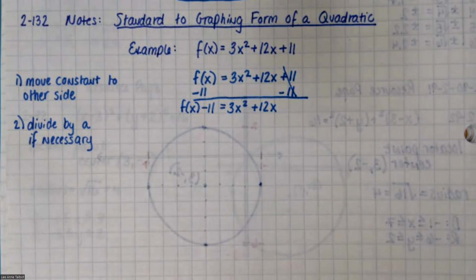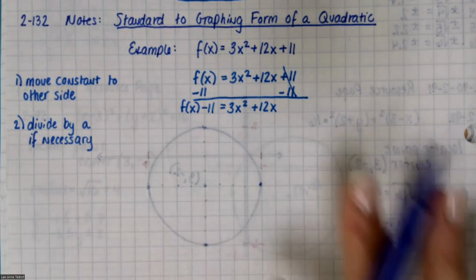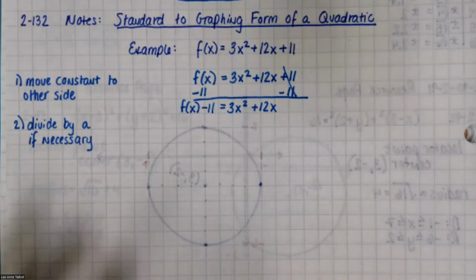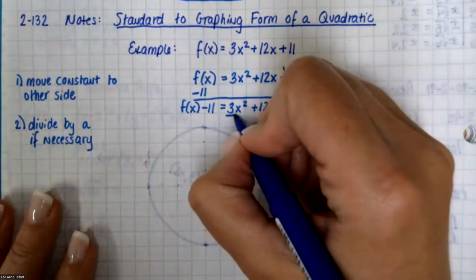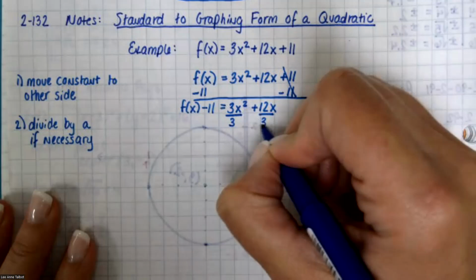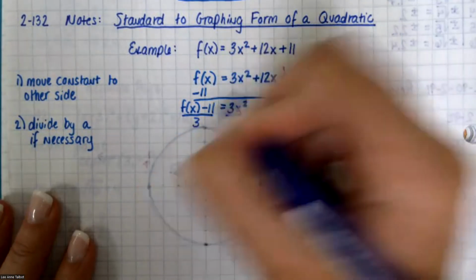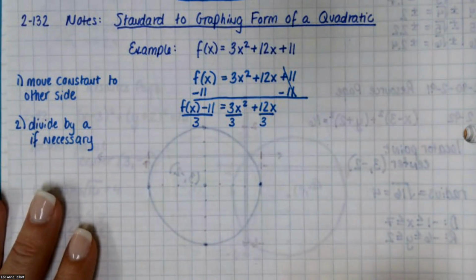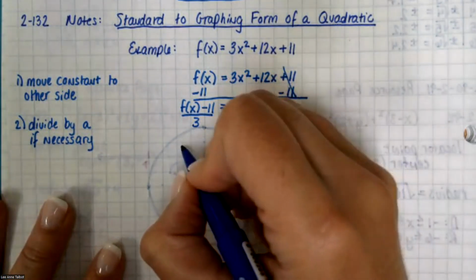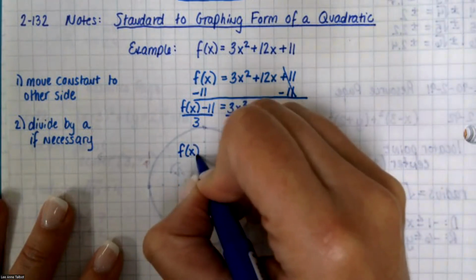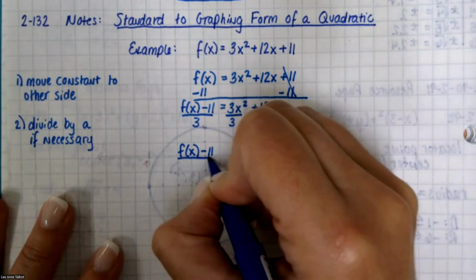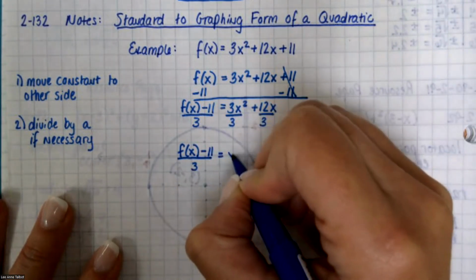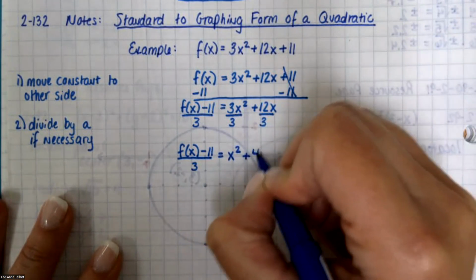The one that I gave you to do in your groups has an a value of 1, so you get to skip this step. But I wanted to do the spiciest possible. So divide by 3, divide by 3, divide by 3. So now you have f of x minus 11 all over 3 equals x squared plus 4x.